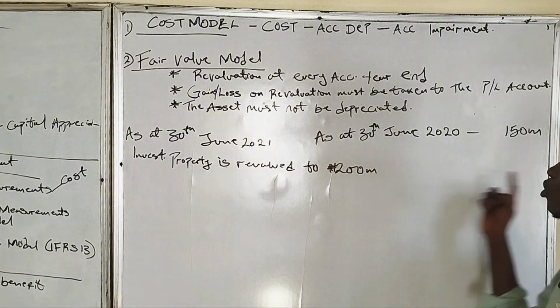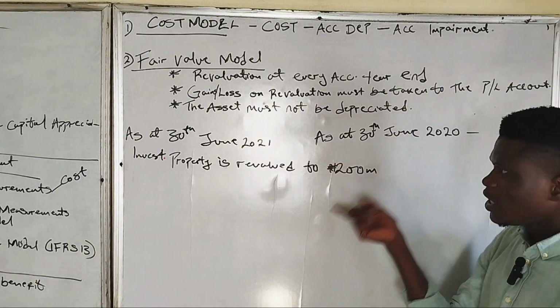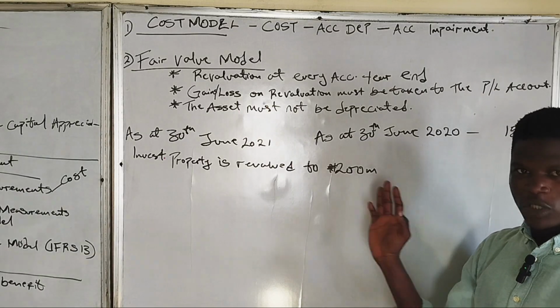Then we said this asset must not be depreciated, so it has to reflect 200 million at the year end of all accounting periods. That's 200 million is just an example.